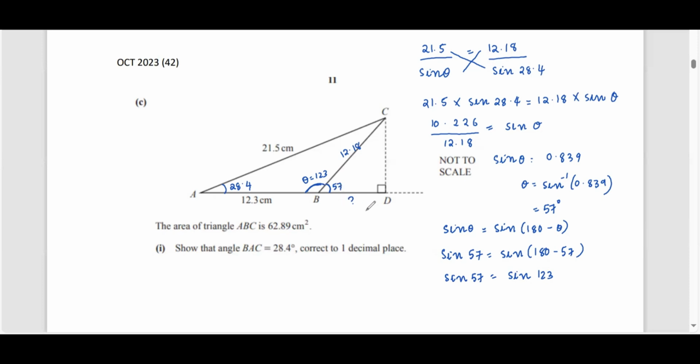Now I can find out what BD is using SOHCAHTOA. Considering this angle 57, adjacent is what I need to find out, and hypotenuse is what we have. So in that case, we take cos. So cos 57 is equal to adjacent, which we don't know, we'll take it as x, over hypotenuse, 12.18.